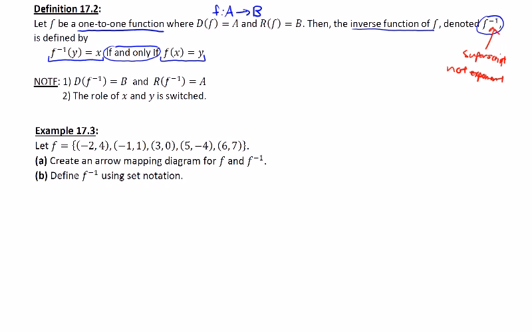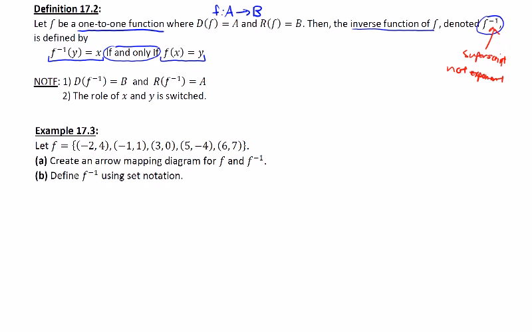Well, now when we talk about the inverse, they're saying that the inverse is actually talking about x values and that you're going to input y values into it. So what this is claiming is that we're going to be switching the role of the x and the y. That's what my second note here talks about. It says the role of x and y becomes switched.